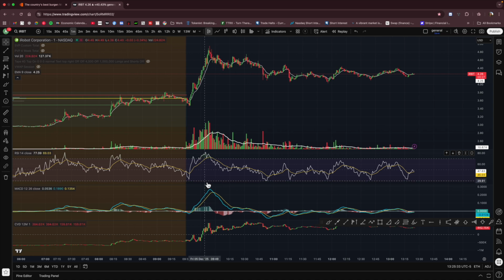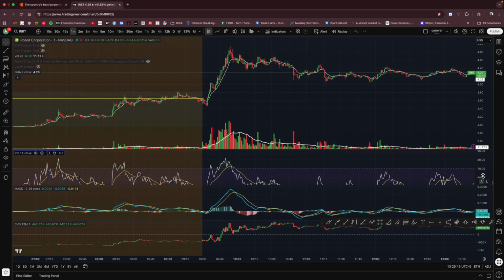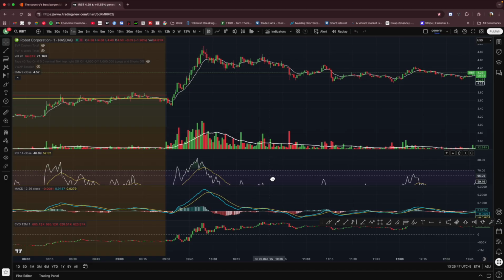what is particularly useful is finding divergences, which are in this case where we can see a high here, but a lower here, and I'll just make that more obvious for you. So you've got this high here, and then makes another high here, but on the RSI, it actually goes to a lower.